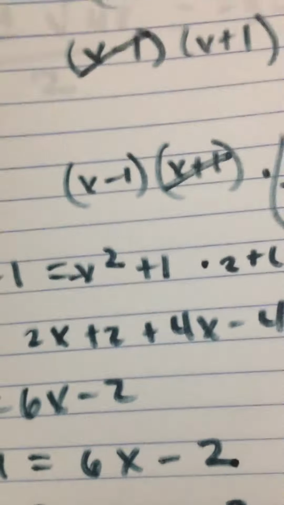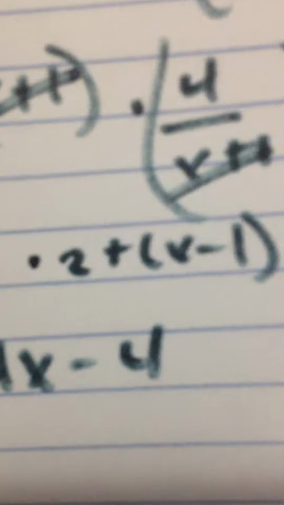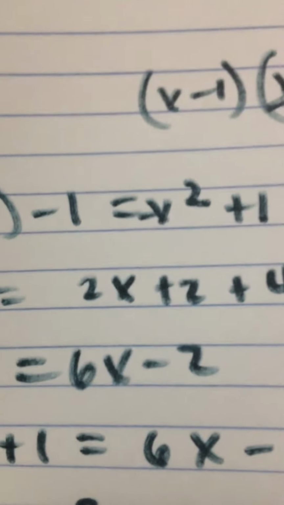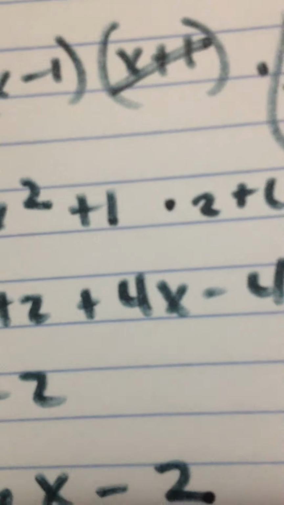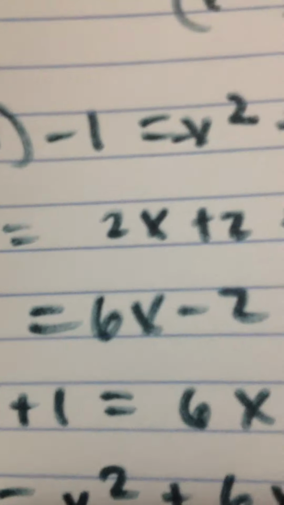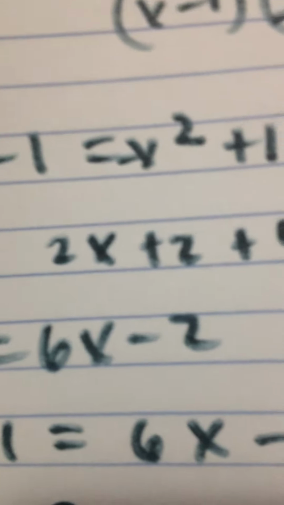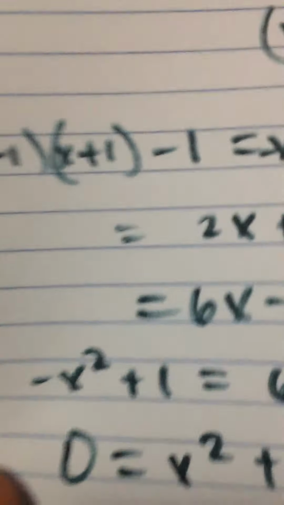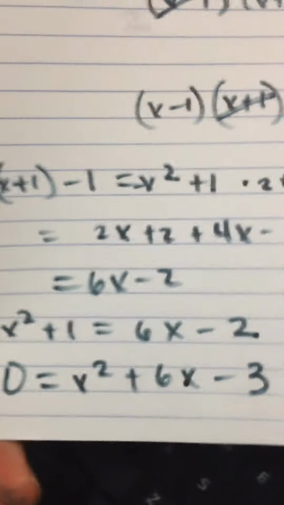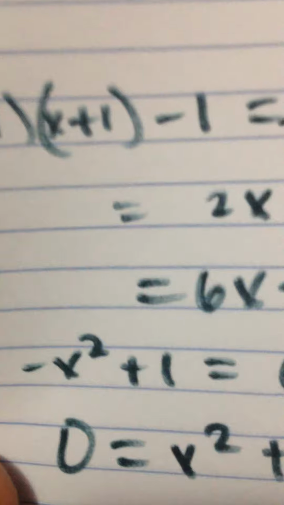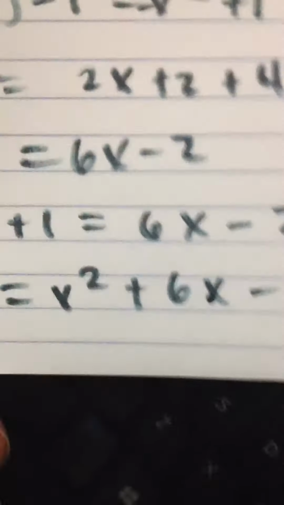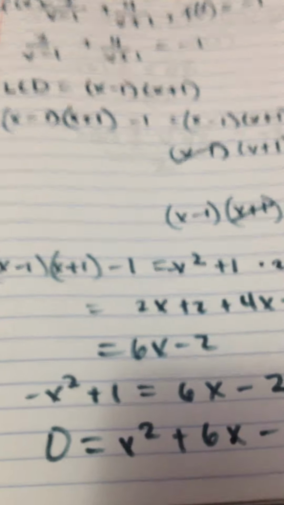So you solve for your second equation, which is 2x plus 2 plus 4x minus 4, which gives me 6x minus 2, and then you make it equal to the other side, negative x to the power of 2 plus 1, and then you want to make it all equal to 0.